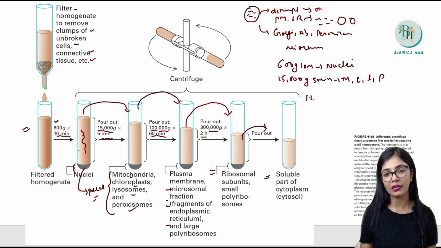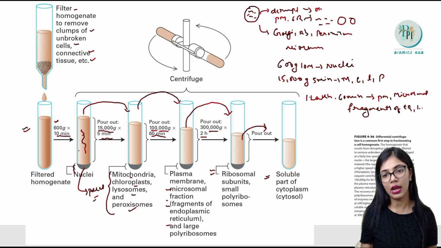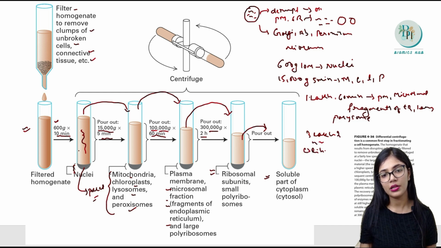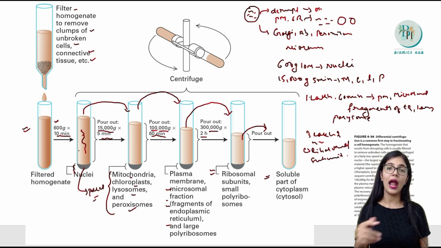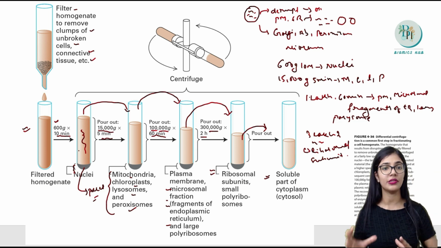Next, at 1 lakh G for 60 minutes, we got plasma membrane, microsomal fraction, fragments of ER and large polysome. And at 3 lakh G for 2 hours, what did we get? We got the ribosomal subunit in the pellet, and in the upper part, that is the supernatant, the cytoplasm will be present.